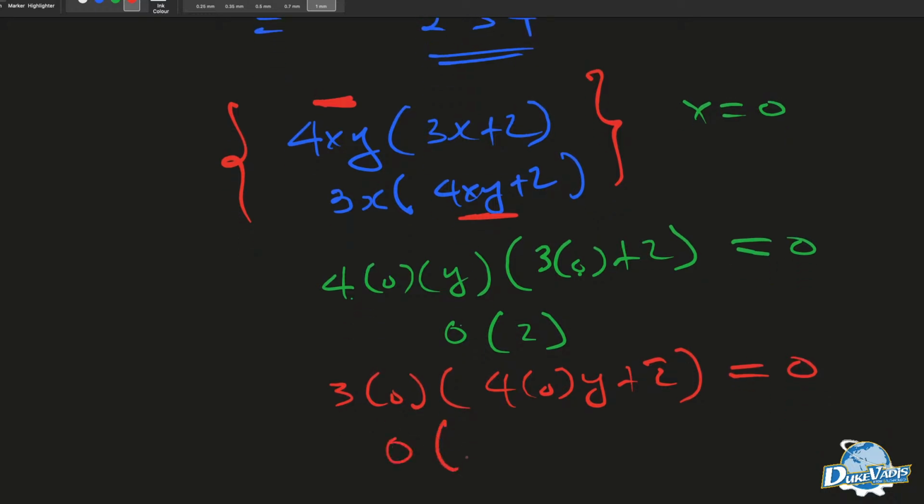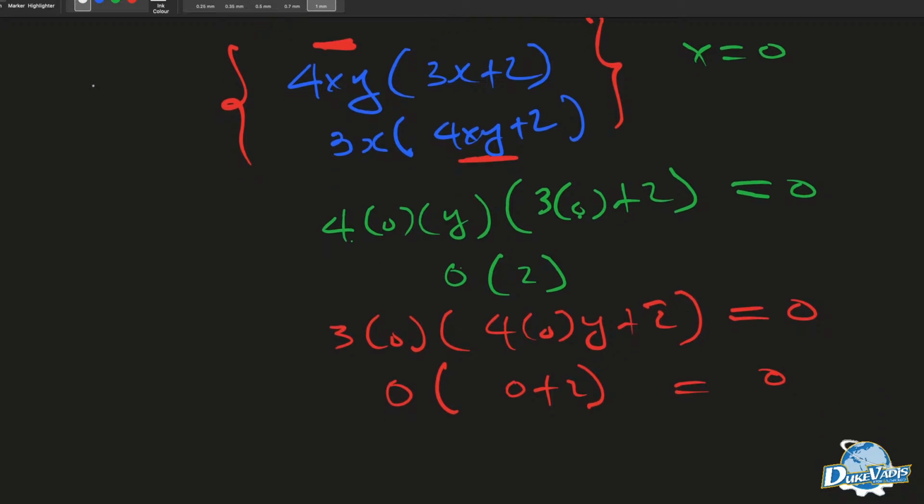And if you want to calculate the one in the bracket, that will be 0 plus 2 once again. Okay, and the answer will still be 0. You see? So what we say in mathematics is that the two expressions do not correlate.